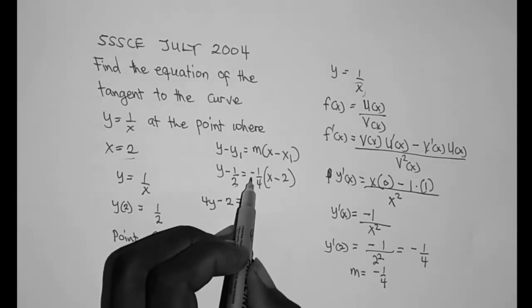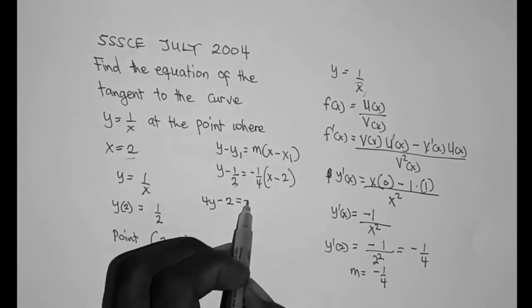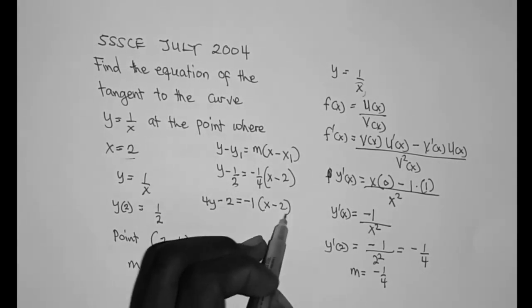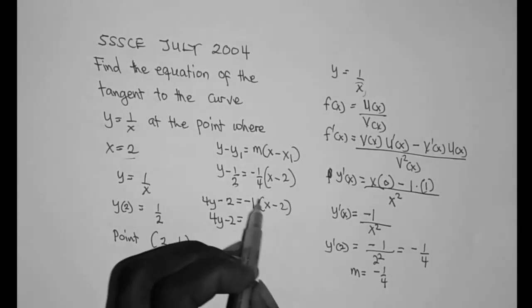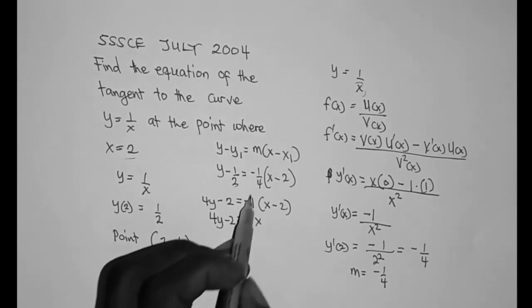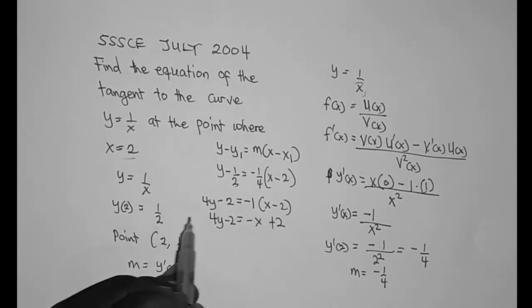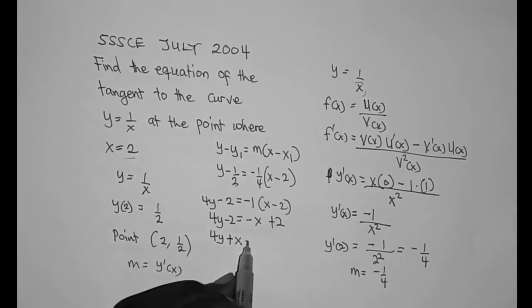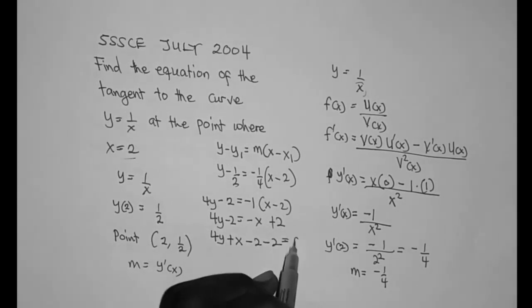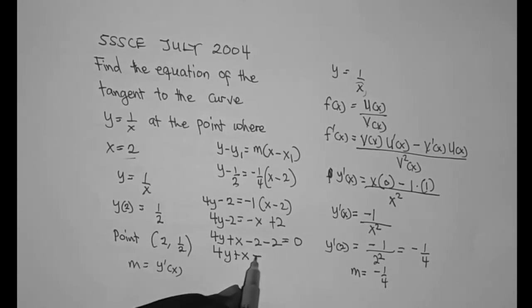It is equal to minus 1 over 4 times 4 is minus 1, times x minus 2. So this is 4y minus 2 equals minus 1 times x is minus x, minus 1 times minus 2 is plus 2. So we are going to take all of these terms to the left hand side. So we'll get 4y plus x minus 2 equals 0. So the final answer is 4y plus x minus 4 is equal to 0.